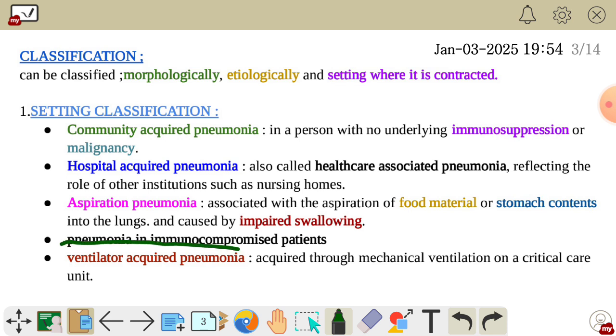This specifically is acquired due to the bacteria being in those tubes, and they form fumes, and in the process of breathing, the patient acquires the pneumonia. So this classification is based on the setting where the pneumonia was contracted.